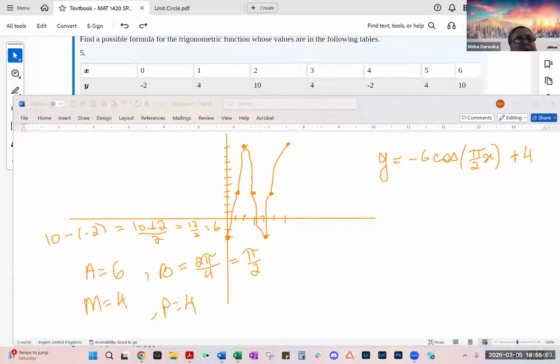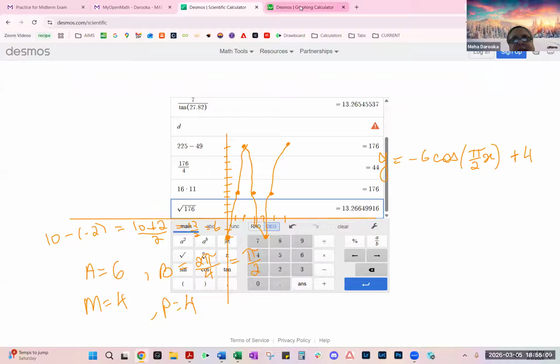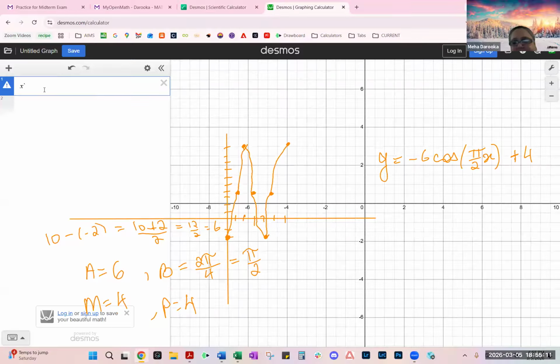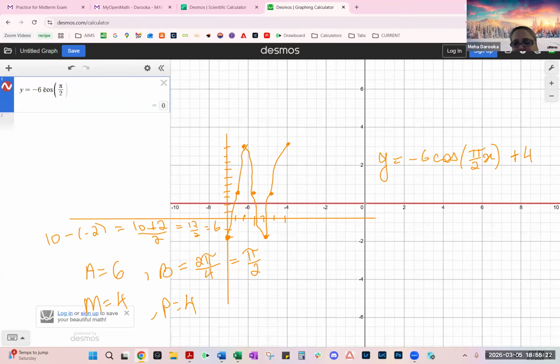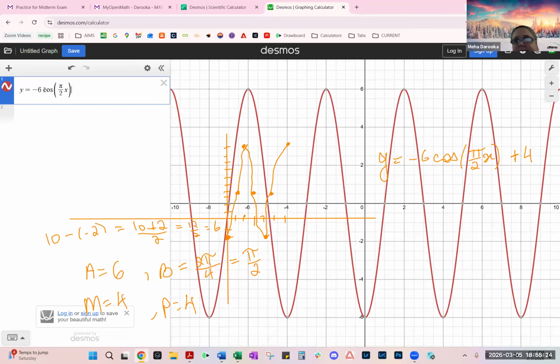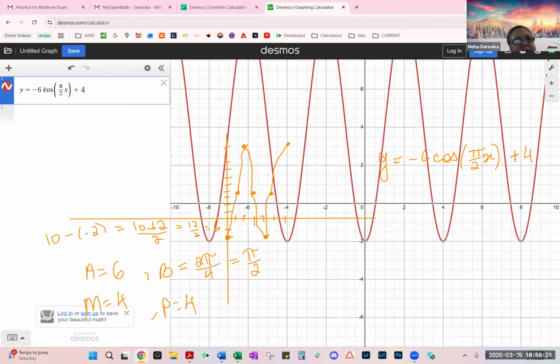Okay, so I have actually not solved this example. So let's see, do we get a graph that looks similar to what our points are? So we've got -6 cosine of pi over 2 times x, and then plus 4.